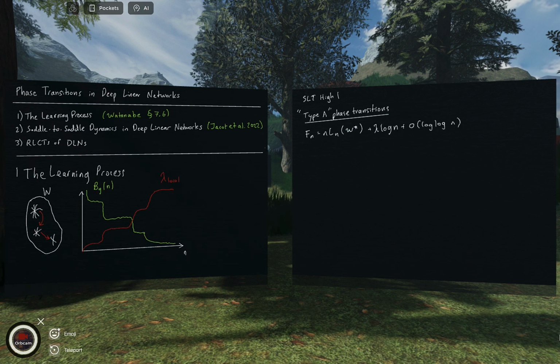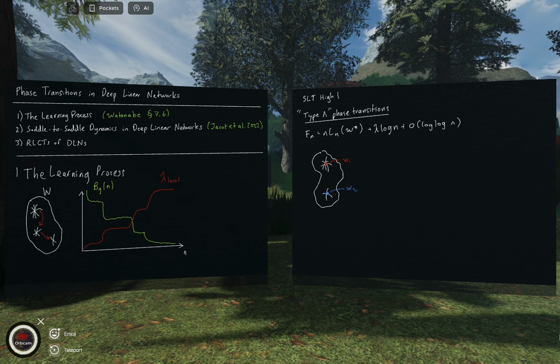Now, we've already seen that there's a local version of this, right? So you can perform the same integral over some subset of weight space. And for now, we'll take that as a given. And suppose you had a weight space with two singularities, right? So you have weight 1 and weight 2.